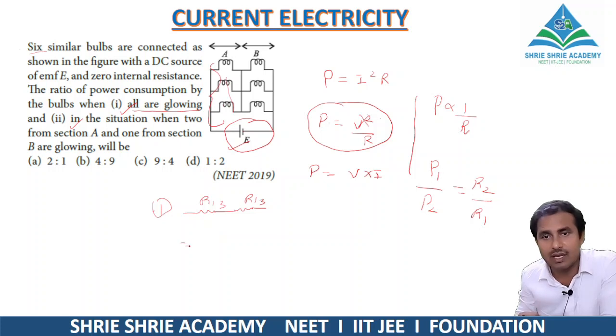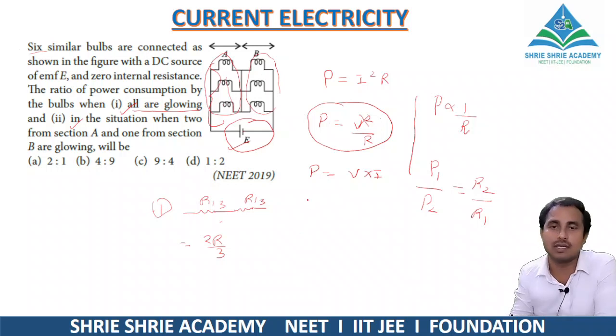So R by 3 and R by 3 are in series connection. First find this 3, then find this 3, and then in series, right? So you get 2R by 3 in the first condition resistance.